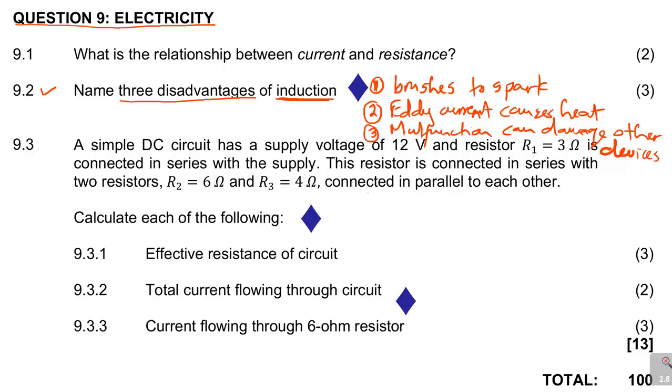And then maybe number 4, it is prone to lightning attacks, because it usually conducts lightning. So these are the 4.